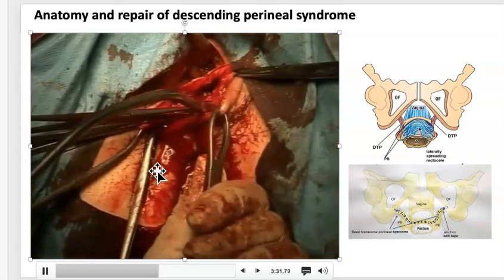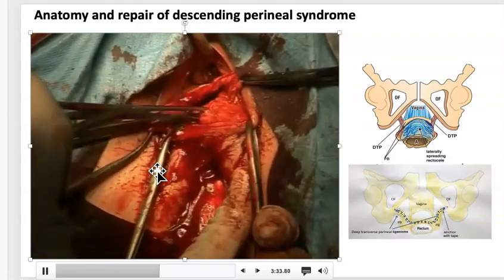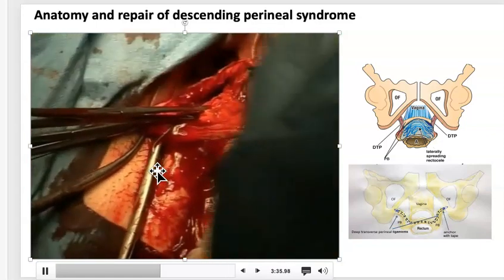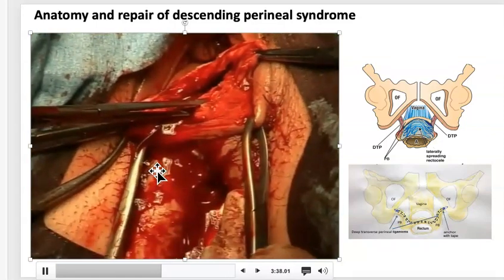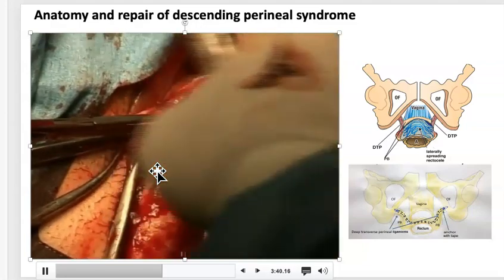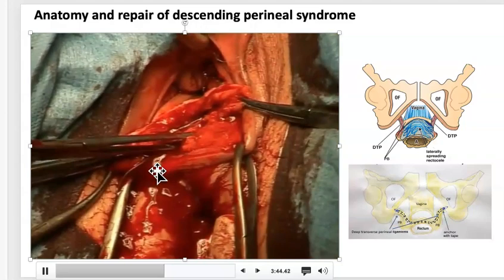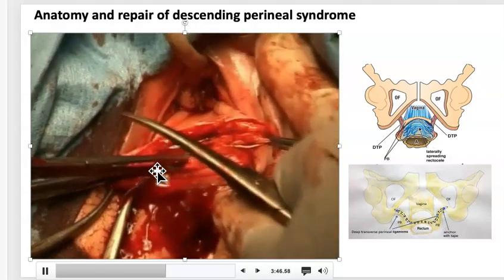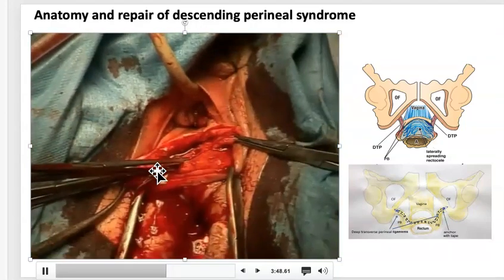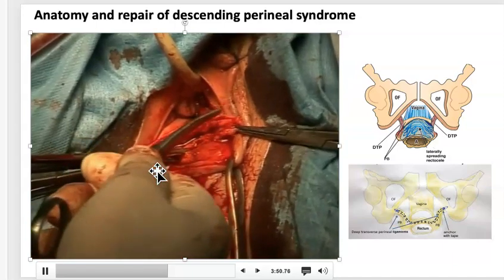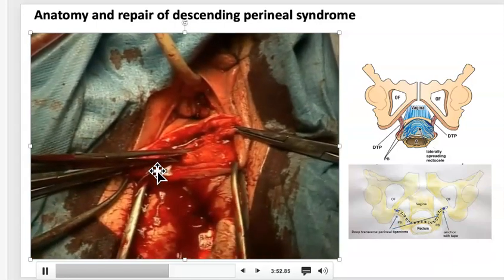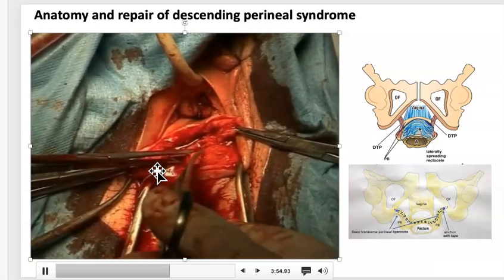I've got my finger in the rectum. I've got an Allis forceps on the perineal body, and I will now go into the perineal body towards the insertion of the deep transversus perineal. Here is the descending branch of the ramus. So I have to go in this direction because that's where the main support of the perineal body is posteriorly.